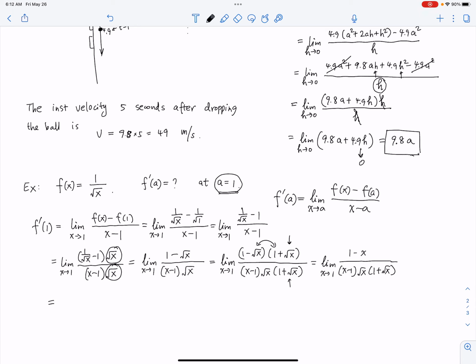All right, now you can cancel. You can see that you have 1 minus x, you have x minus 1. These two can cancel, but you have this extra negative 1. So you will have negative 1, and on the bottom you have two terms, root x, 1 plus root x.